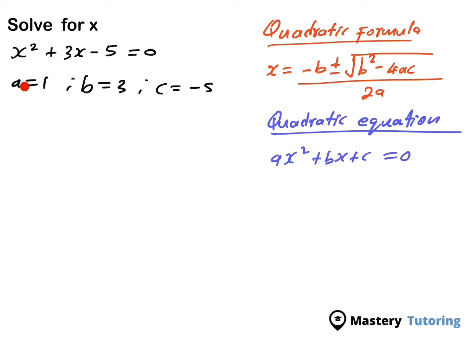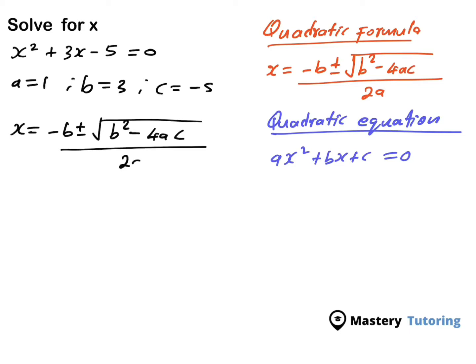Now we're going to take these three numbers and substitute them into this quadratic formula to find the value of x, or the roots of the equation. So x equals minus b. Let me just copy the formula first before we substitute. Minus 4ac, and then we divide the whole thing by 2a.